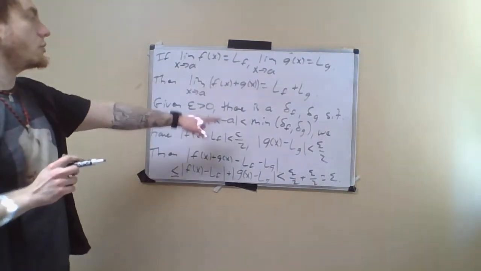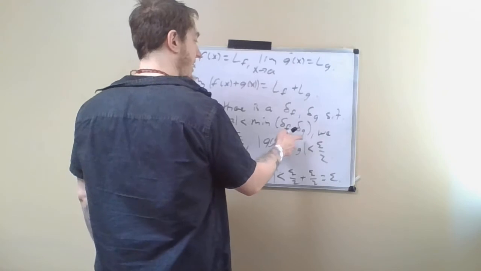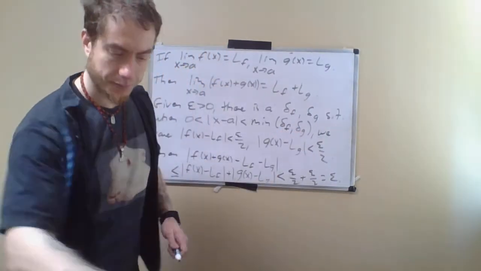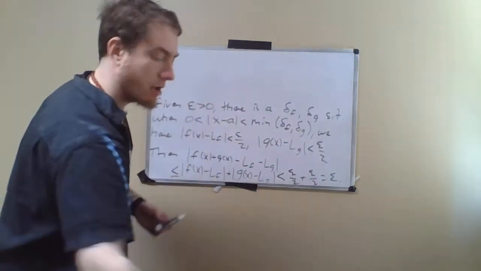So what we can do is take our delta to be the minimum of delta F and delta G, which I need to write down up here.